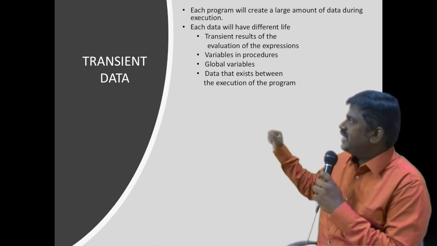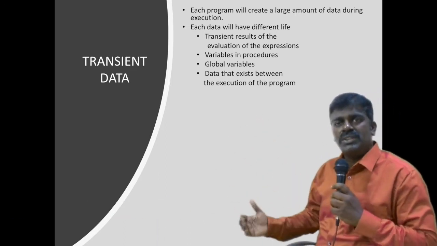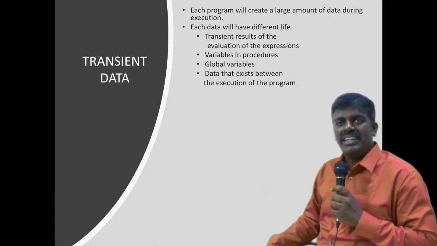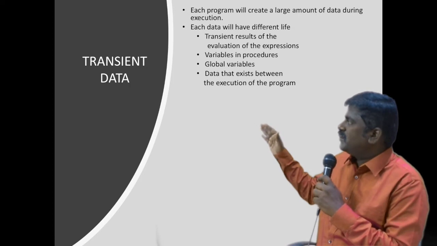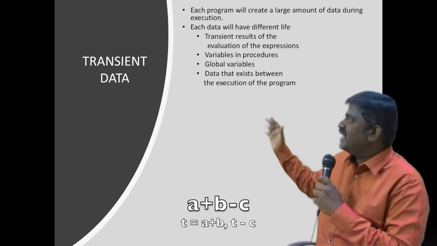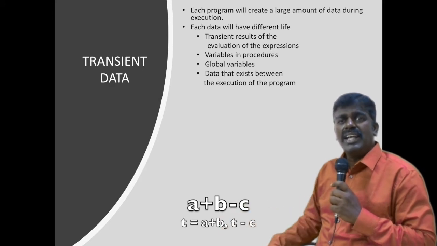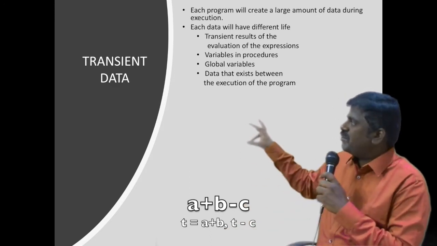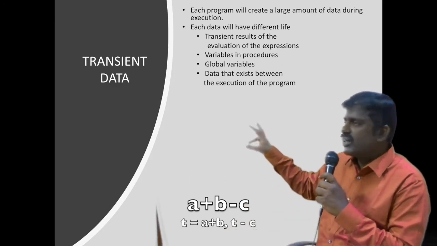In transient data, transient data objects are created during the execution of the program. For example, if you want to execute a small expression like a plus b minus c, it cannot be added together.